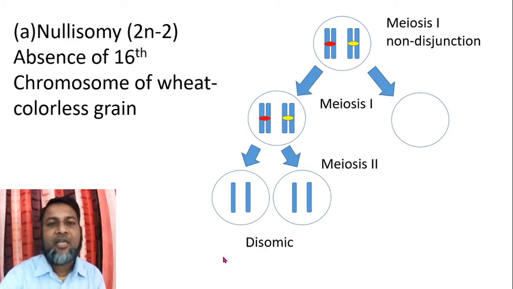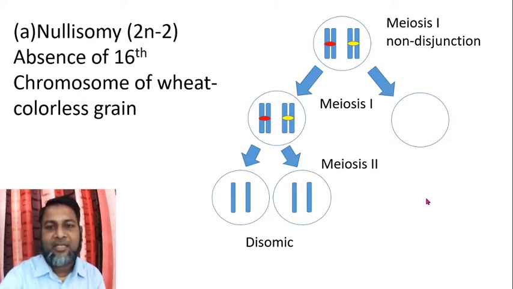This is known as disomic. When any gamete has two sets or two homologous chromosomes, this condition is known as disomic.